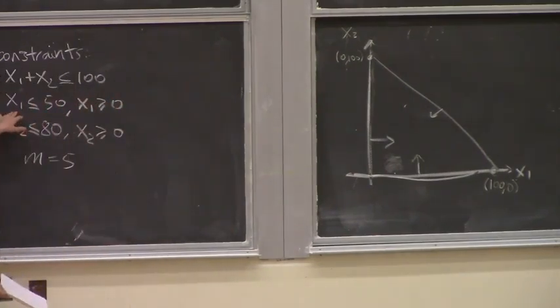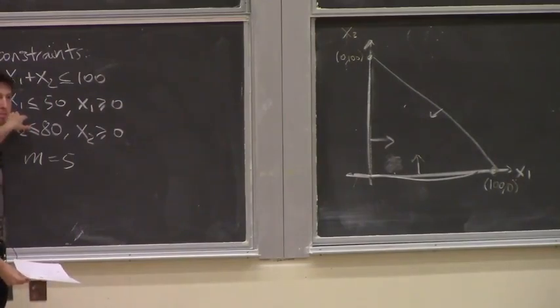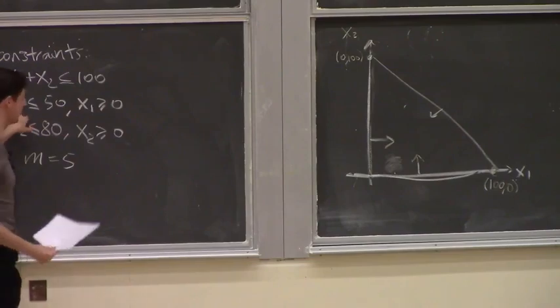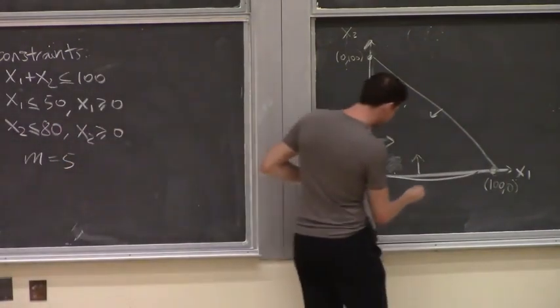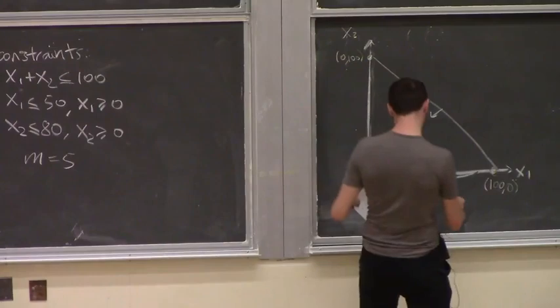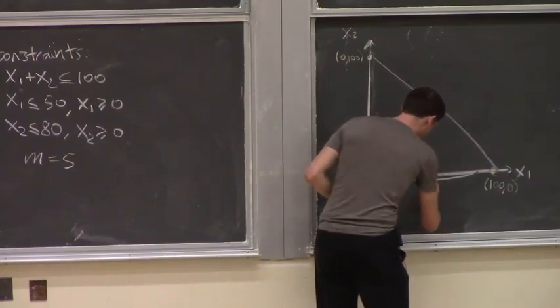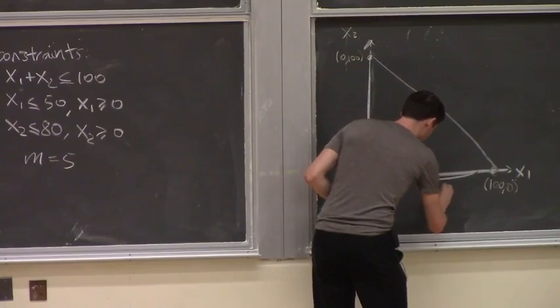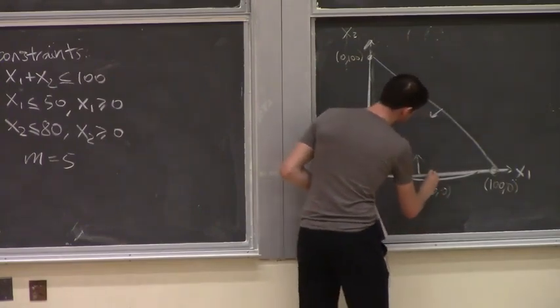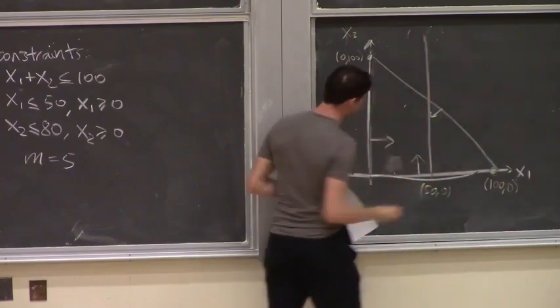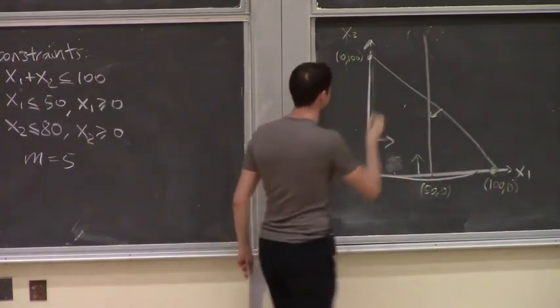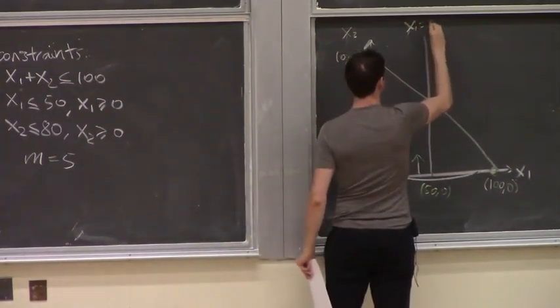This line, how does it look? It's a vertical line. Say, 50 here. Look at 50, 0. This is the line that corresponds to x1 equals 50. That's right, x1 equals 50.